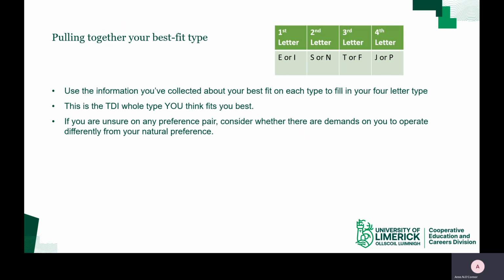When you do the online report, you will also get a 4-letter code, and that's really what the computer thinks you are. So bring those two together, see where the differences lie, read a little bit more about the preference and decide where you feel you fit best, okay?